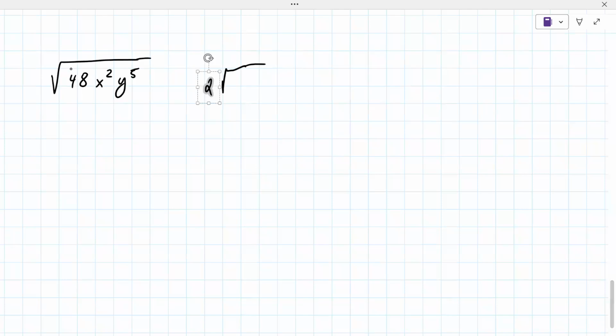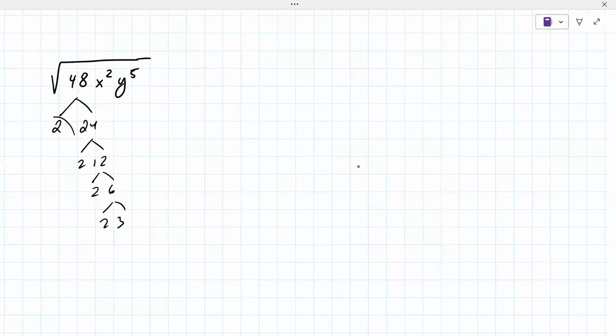Sorry. It's like 48 breaks apart into 2 and 24, 2 and 12, oh, 2. Wait, yeah, I realized that. It's supposed to be two absolute value x, y squared, square root of 3y.